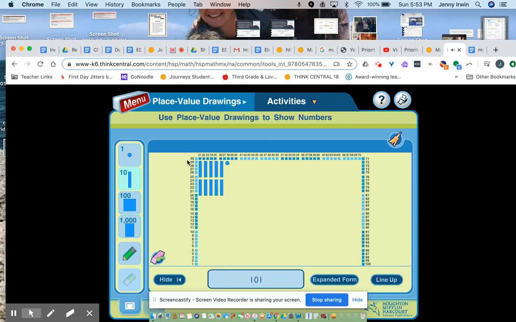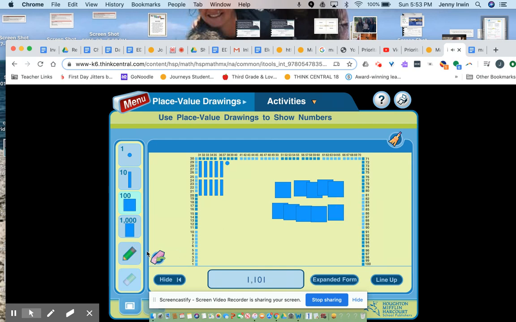So 10 of those will make 100, and 100 looks like a square. And then if we had 10 hundreds, it'd be 100, 200, 300, 400, 500, 600, 700, 800, 900, 1,000.